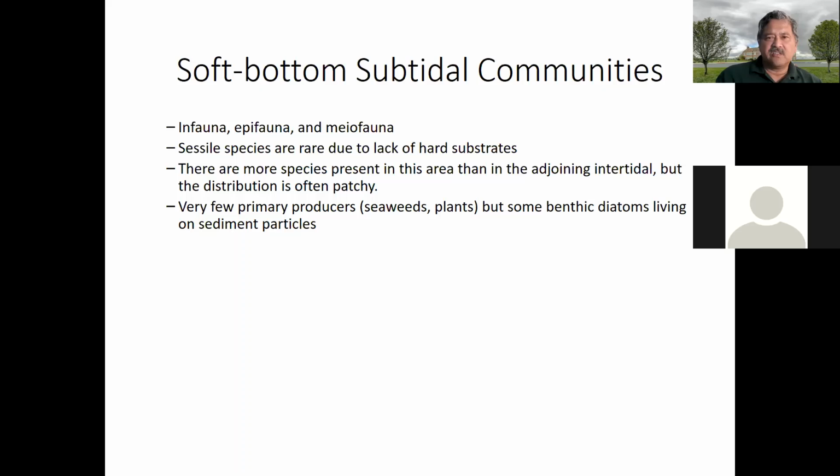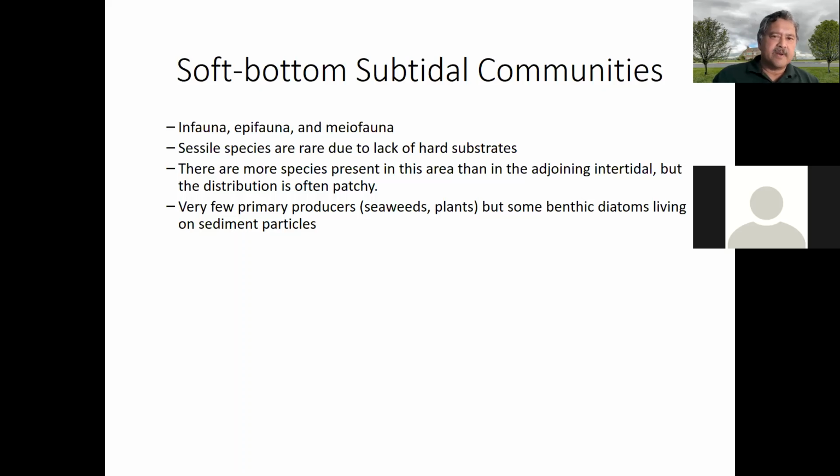Well, with a soft bottom, then you're going to have more species than the intertidal, but these guys are going to be distributed not equally because there is a competition for resources in the soft bottom subtidal communities.